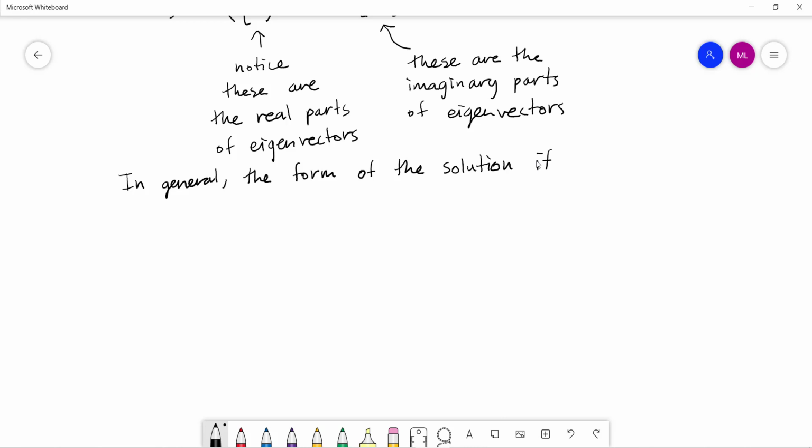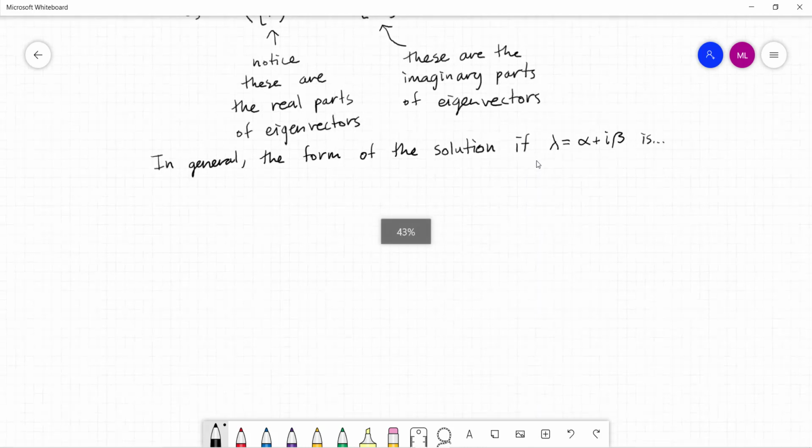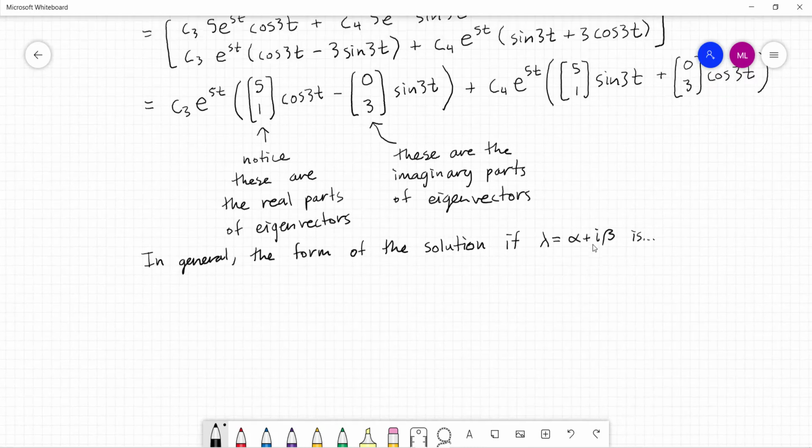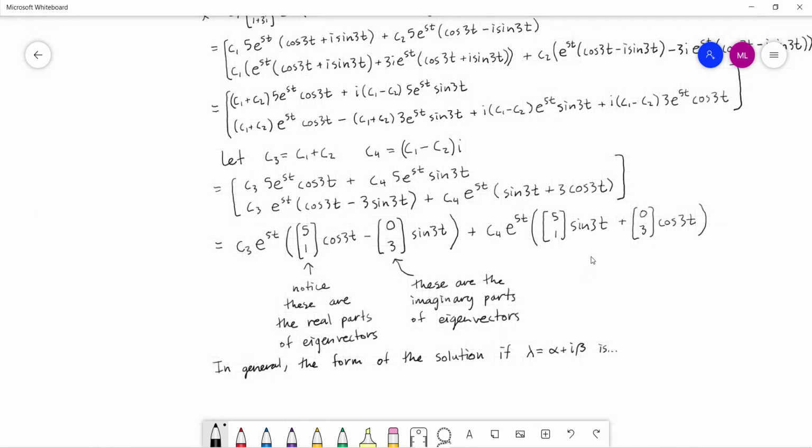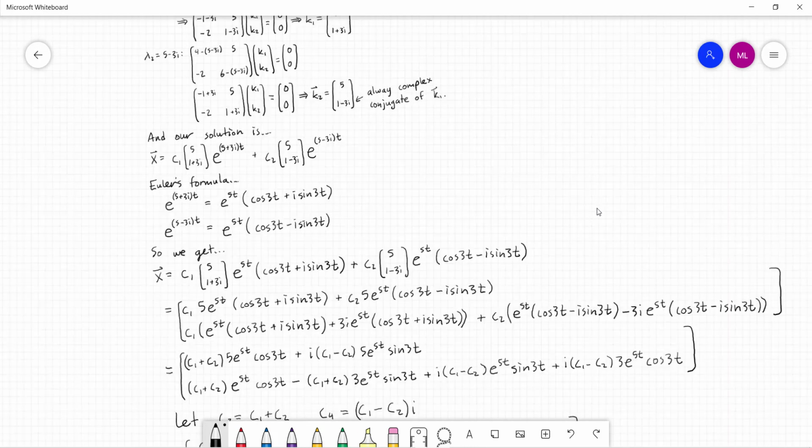if basically our lambda is equal to alpha plus i times beta is the following. So if our eigenvalue is lambda equals alpha plus i beta, in ours it was 5 plus or minus 3i. Where is it?